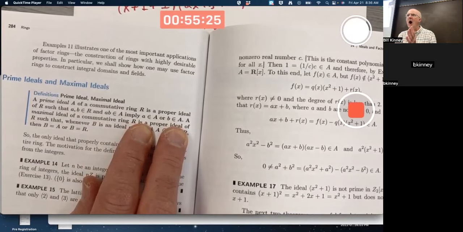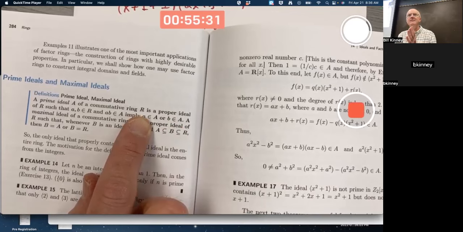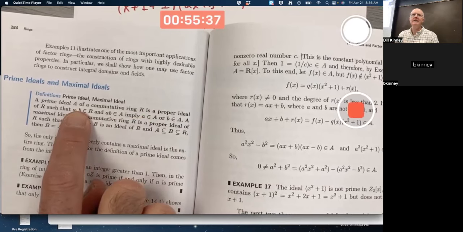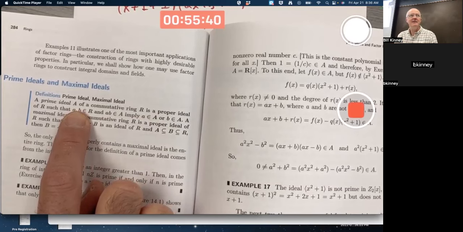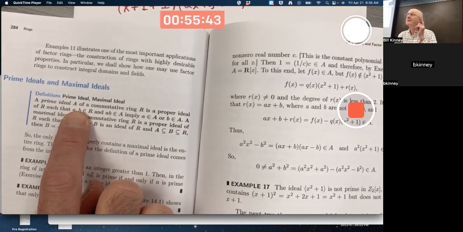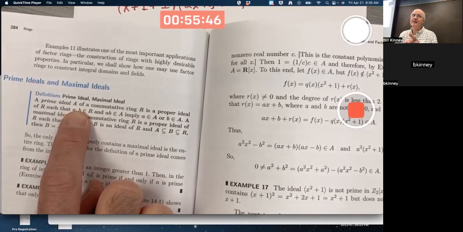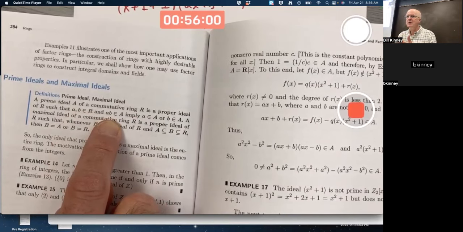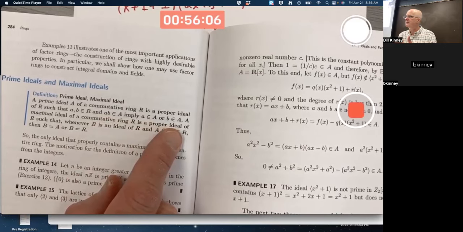Is there a reason it's called a prime ideal? Yes. If R happens to be the integers, and A happens to be the principal ideal generated by, say, the integer 5, which would be the same as the cyclic subgroup generated by 5 because we're talking about the integers, it would be all multiples of 5: 5, 10, 15, 20, etc., 0, -5, -10, -15, -20, etc. Then what you're saying is if the product of two numbers is a multiple of 5, then one or the other of the numbers is also a multiple of 5, isn't it?